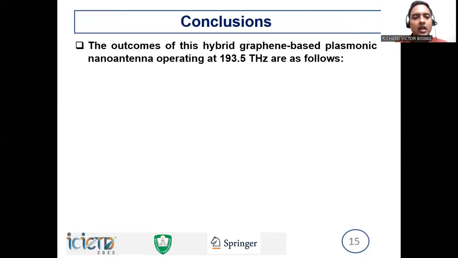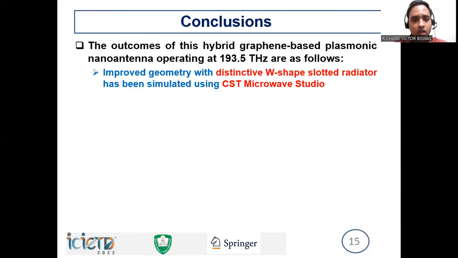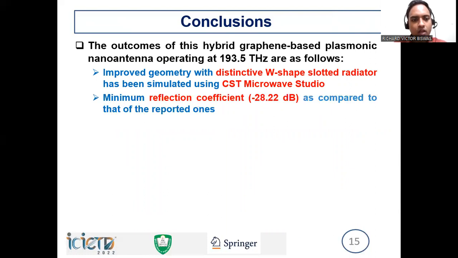Conclusions. The outcomes of this hybrid graphene plasmonic nanoantenna operating at 193.5 terahertz are as follows. Improved geometry with a distinctive W-shaped slotted radiator has been simulated using CST Microwave Studio. Minimum reflection coefficient of -28.22 dB as compared to the reported ones.